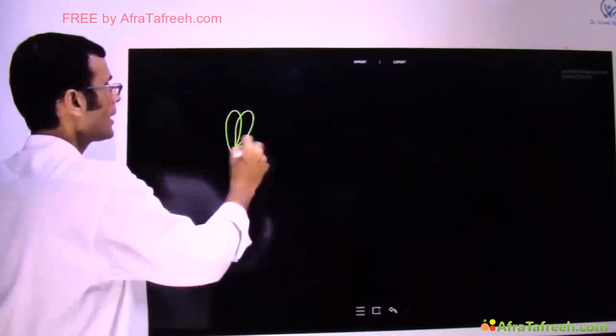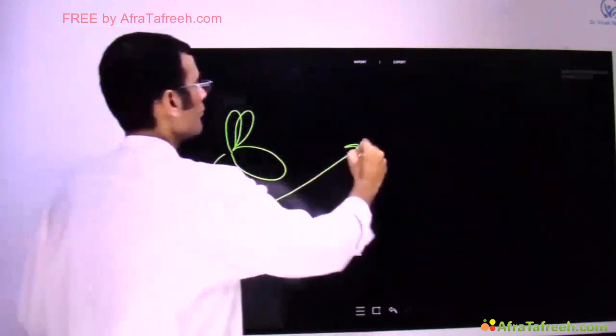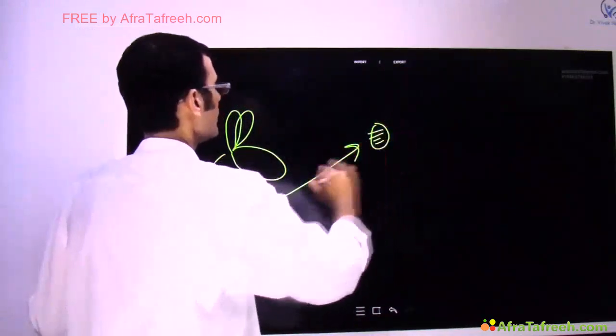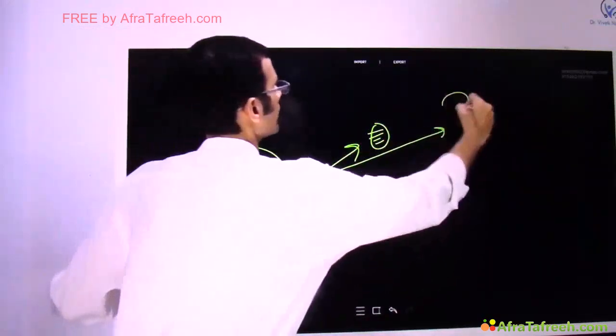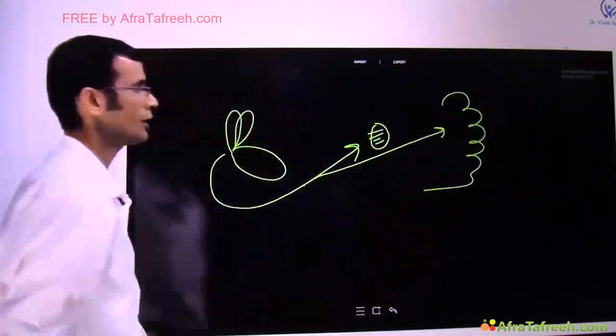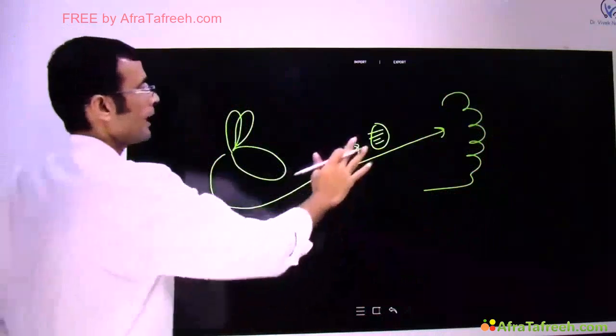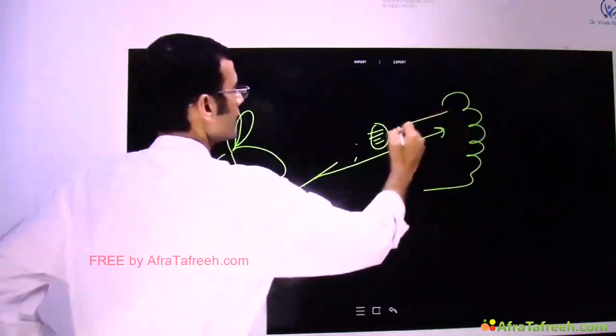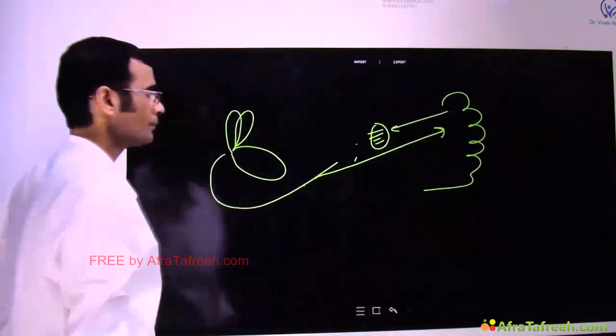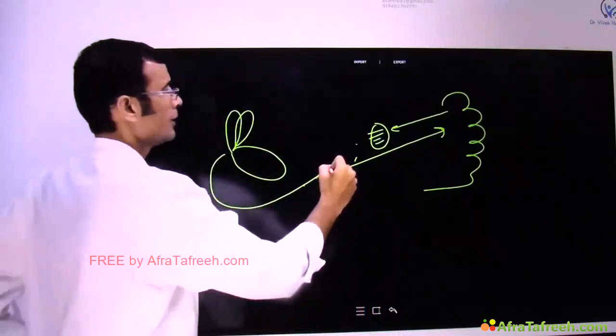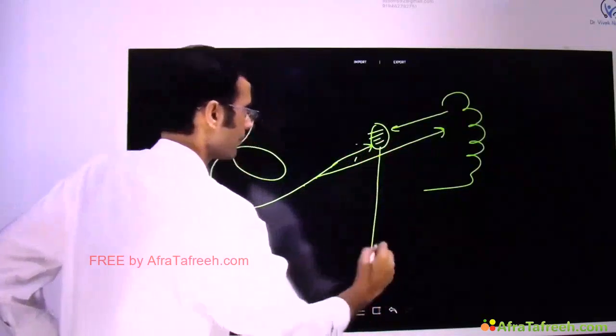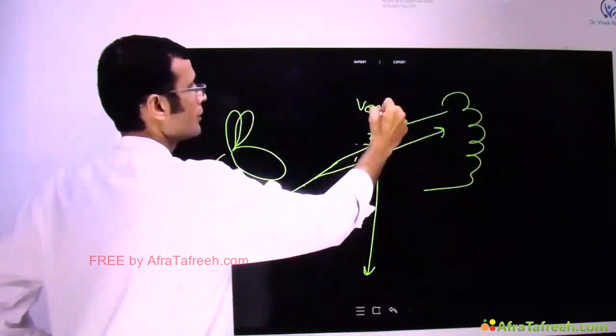This is a vestibular apparatus and it conveys the signal into the cerebellum, the vestibulocerebellar tract. And then cerebellum will send the signal back to the vestibular nuclei. This is the vestibular nucleus.